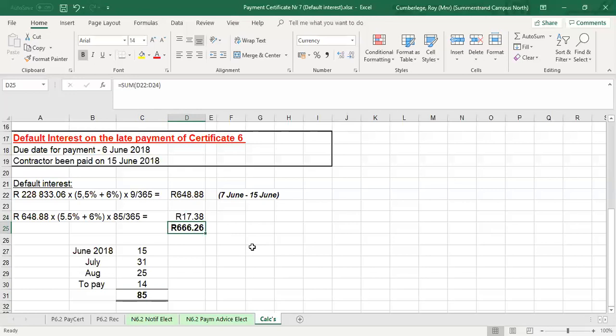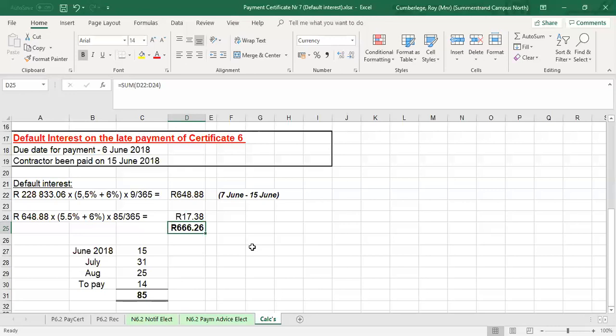Now, you'll note that in our module, we've done a payment certificate at practical completion. In this case, it was certificate number 6. The contractor moves off site, we finalize the final account and issue the final payment certificate, in this case, payment certificate number 7. In practice, the JBCC stipulates that the principal agent should, on a regular basis, issue a payment certificate, even if it's a zero amount. You'll find in practice that every month after practical completion, you'll have to issue a payment certificate.